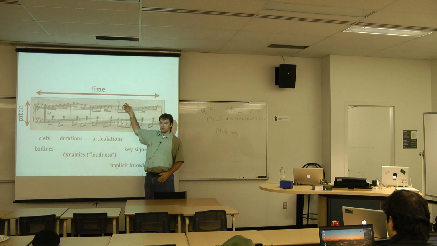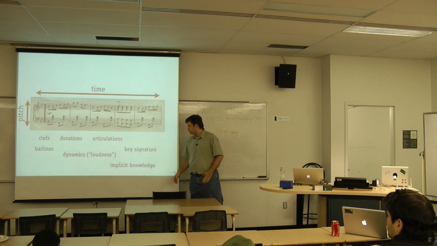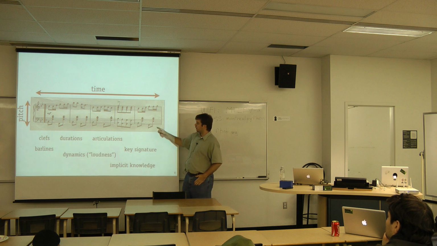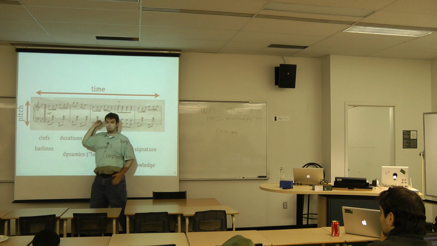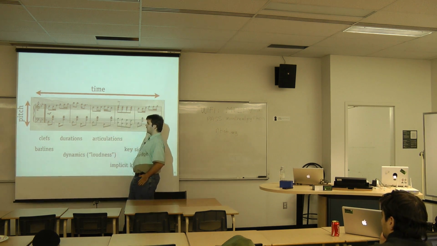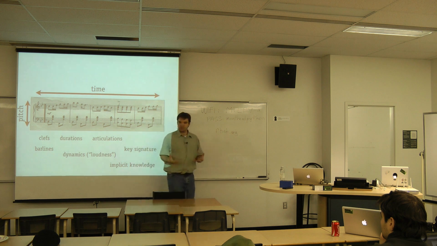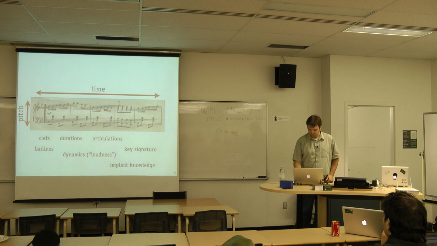Articulations, if you want to accent a note, so you want to put an emphasis on a note. And there's a whole bunch of implicit knowledge in this, where this symbol here tells you to repeat. So you'll get through and then you'll come back and repeat this passage again. So there's a bunch of knowledge in here that a computer finds really, really hard to figure out.